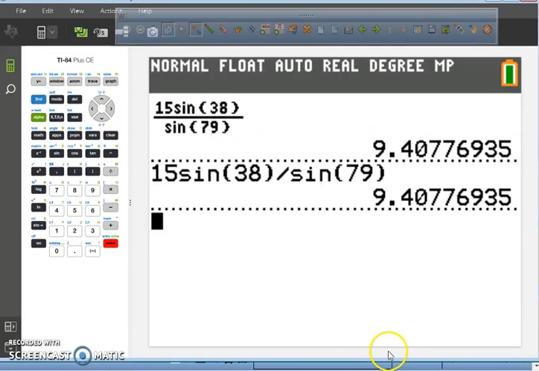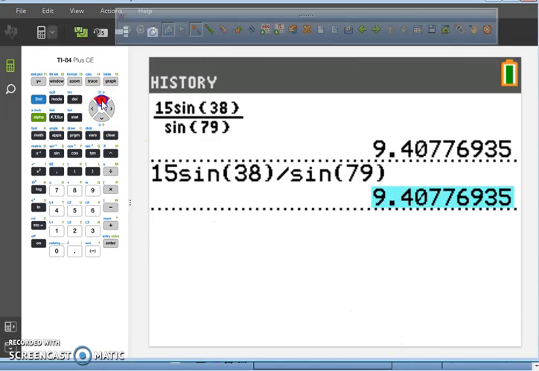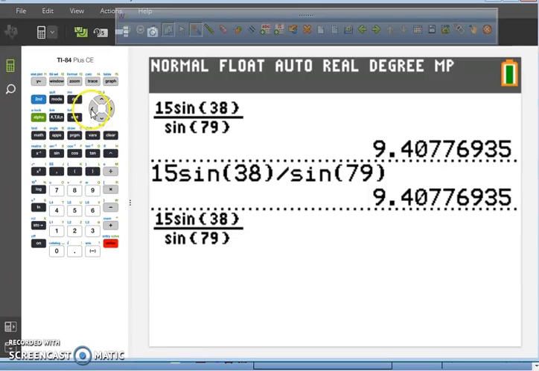So we go to our graphing calculator. Watch what I'm going to do this time. Ready? I'm going to scroll up here. I'm going to grab that. Press enter. I'm going to change something though. What's the only thing I'm going to change? I'm going to change the 38 degrees to what? 63.